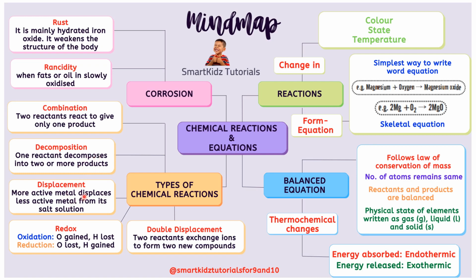Third one is displacement. The word displacement only tells you that something is being displaced or moved from its actual site or place. Okay, so in this case, the more active metal is known to displace the less active metal from its salt solution.